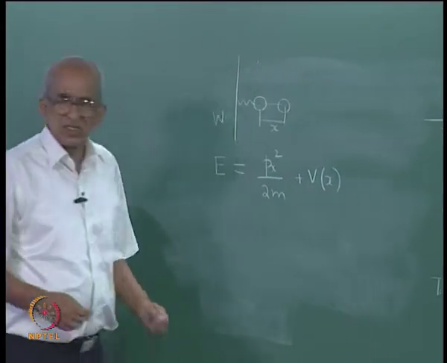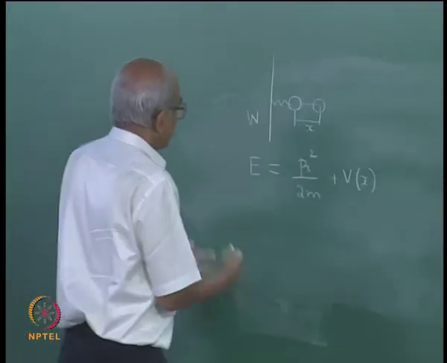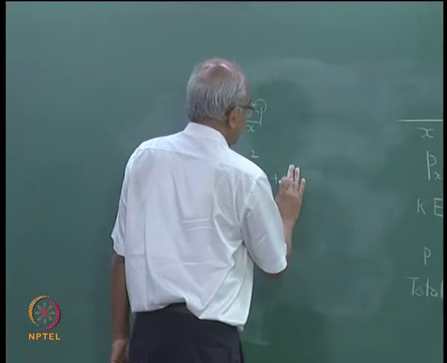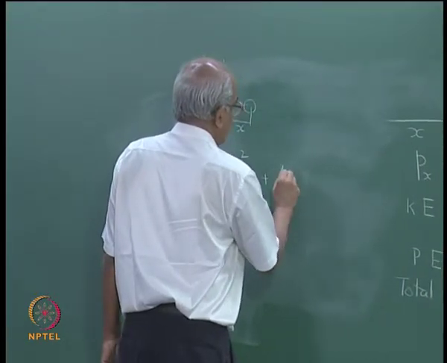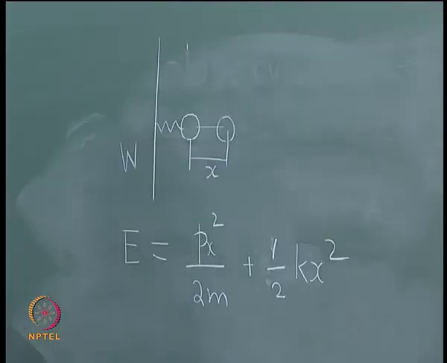and the simplest thing is to say that this V is given by a quadratic function of x. So, it is equal to half k x square. This is the simplest model that you can use to describe such a system. This essentially says that if you displace the particle to one side and release it, it will execute harmonic oscillations. It will behave like an oscillator, oscillating with a particular frequency.